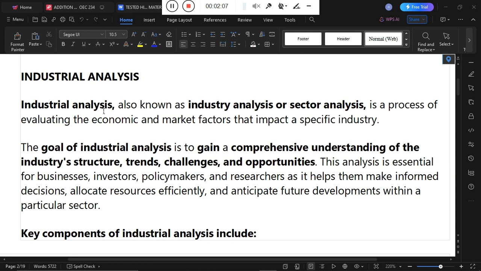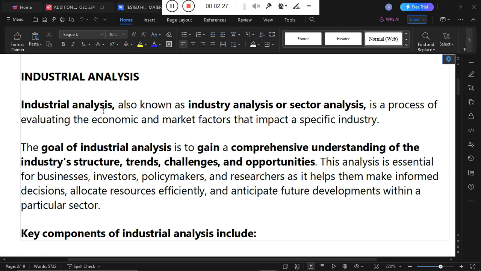This industrial analysis is very essential for businesses, investors, policymakers, and researchers, as it helps them to make informed decisions, allocate resources efficiently, and anticipate future developments within a particular sector.